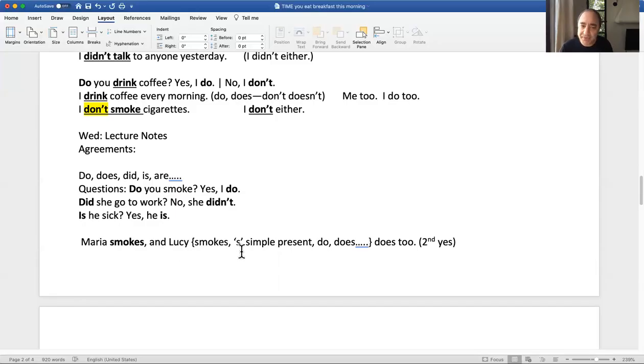You say, oh, there's an S there. That's simple present. Well, what are the auxiliaries in the simple present? Simple present is always some form of do. Simple present is do or does. So Maria smokes and Lucy does too. You have to be able to identify that simple present, use do or does.